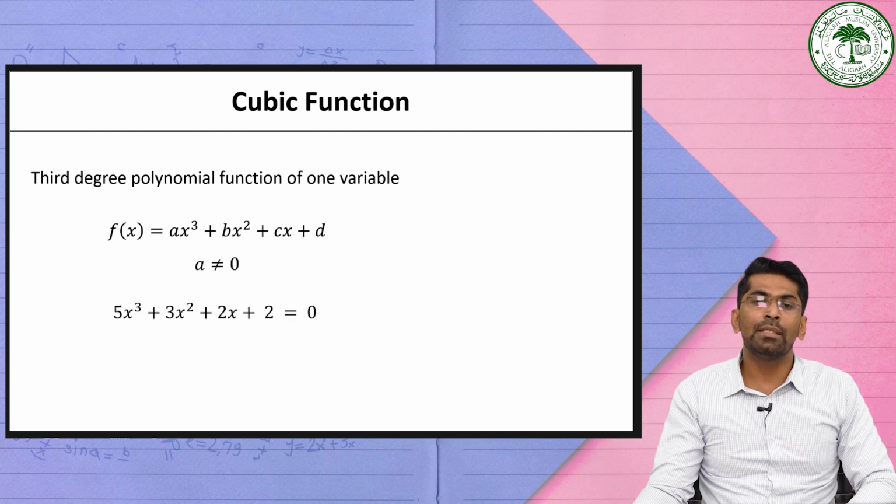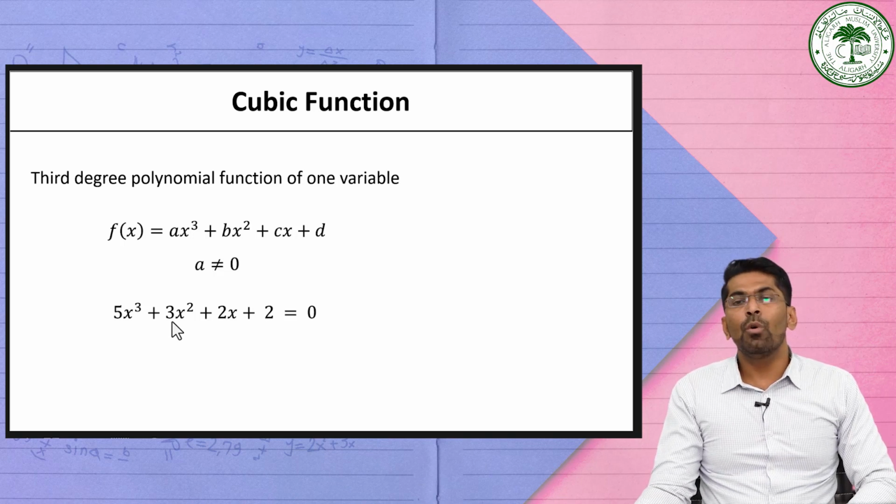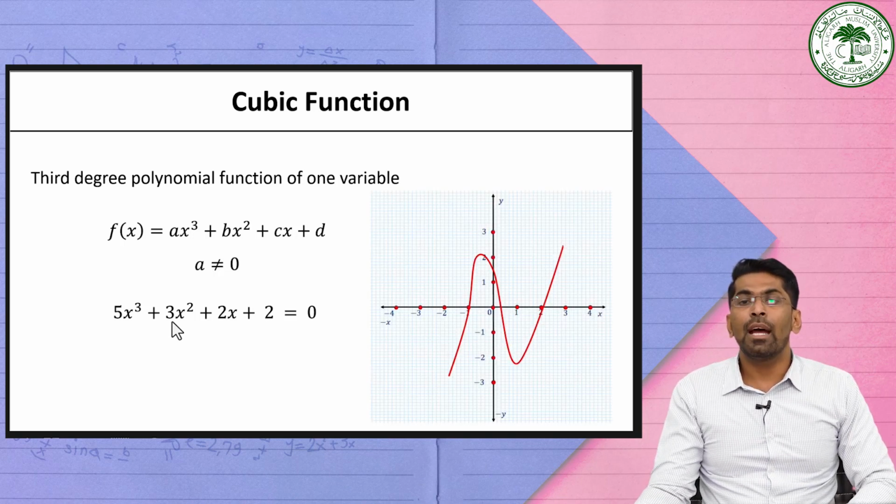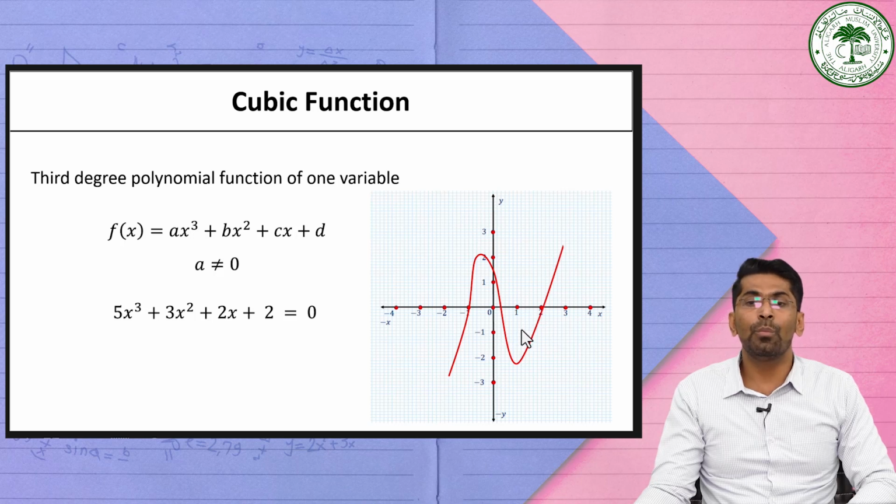So for example, see 5x³ + 3x² + 2x + 2 = 0. Here the independent variable x has the highest power equal to 3. So we can say that this is a cubic function. Now if you go for drawing the graph of a cubic function, it has various shapes with two points where the curve can change direction.